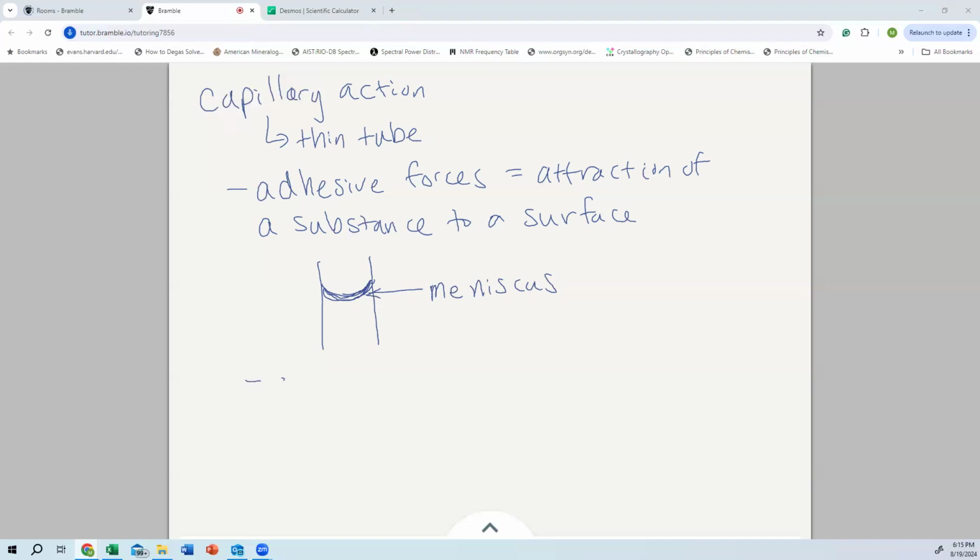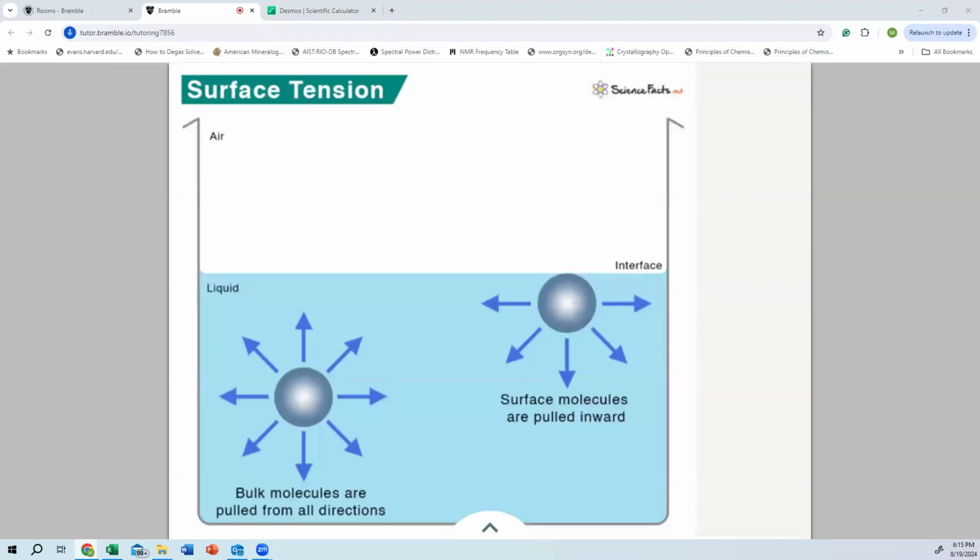And then we also have cohesive forces. This is the attraction of a substance to itself. Just like we saw with surface tension, where the water molecules are attracted to each other, so they try and minimize interaction with things that aren't itself.